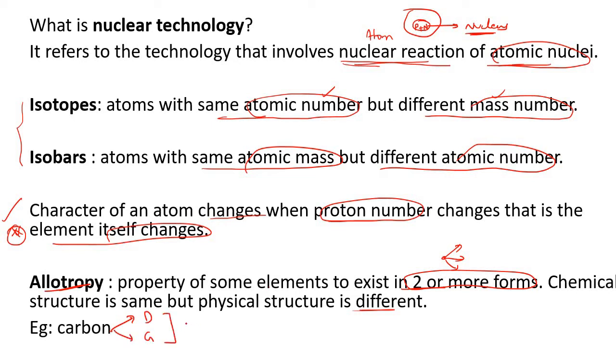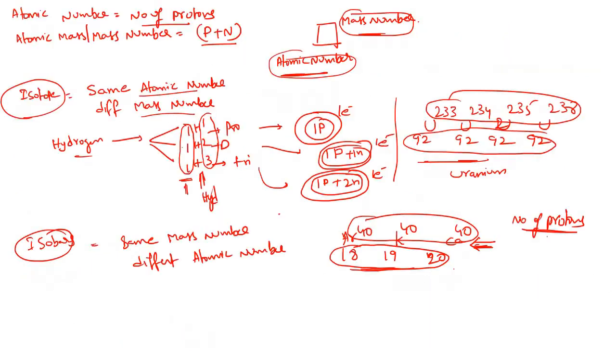So for these two, physical structure is different, but chemical structure is same. Such elements are called allotropes. So allotropes example for carbon is diamond and graphite. Hope you understood this one. We'll go for next slide.